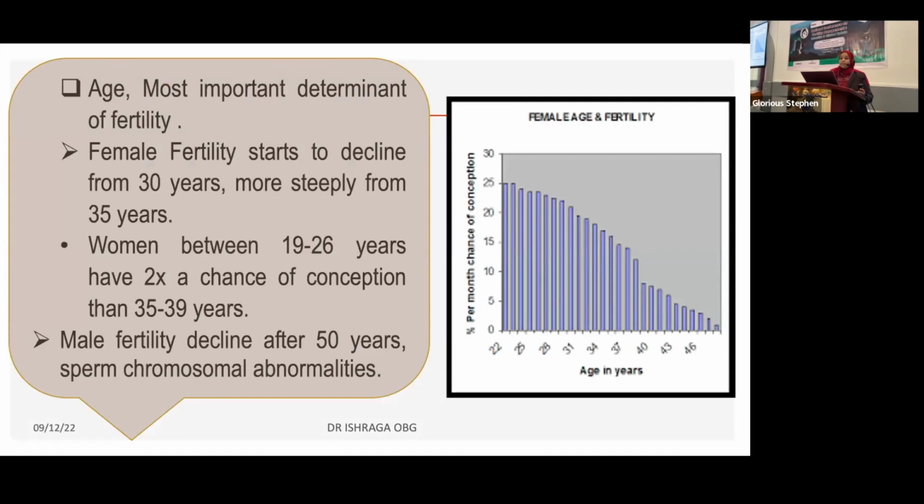Female fertility starts to decline from 30 years, more steeply from 35 years. Women between 19 and 26 years have double the chance of conception than women 35 to 39 years of age. Also, male fertility declines after 50 years, and sperm chromosomal abnormality also will happen after this age.